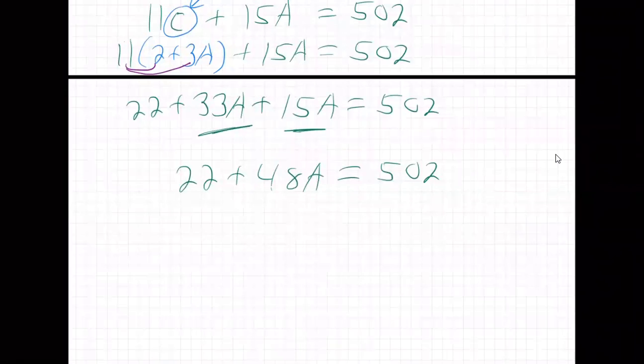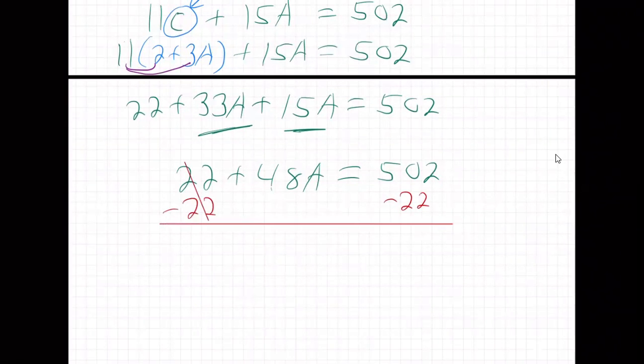And now we can just solve for the A. Subtract 22 from both sides. And what do we get here? 48A is 502 minus 22. Isn't that like 480, I think? 502 minus 22. Yeah.